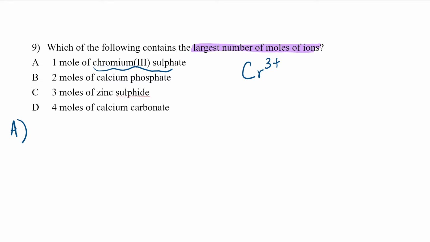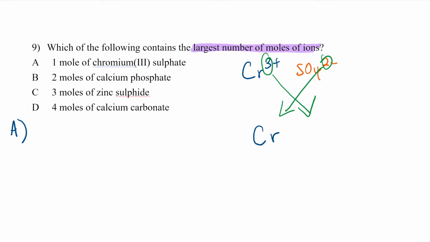The other one, we all know sulfate ion is SO4 2 minus. So that's why the other one has to be positive. Even though you've never seen chromium 3 or heard of it before, doesn't matter. Do the cross method, and you should get that this is Cr, the 2 comes down, and I have SO4 3.